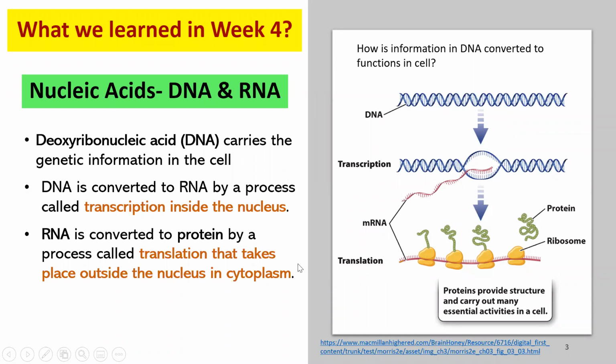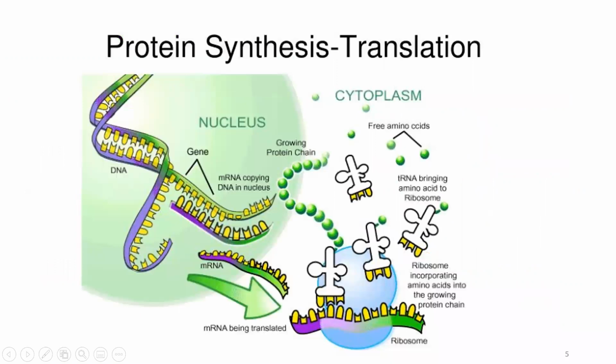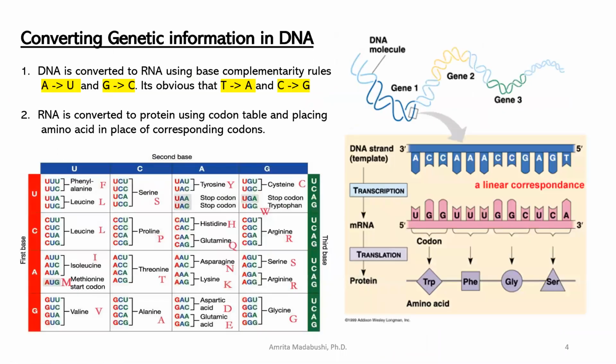Okay, so then let's see what happens after that. After that comes the process we were talking about, and that's where I'm going to allow you to definitely ask questions which are relevant to module 4. Of course, you can ask anytime. So in this one, the DNA is converted to RNA using base complementarity rules.